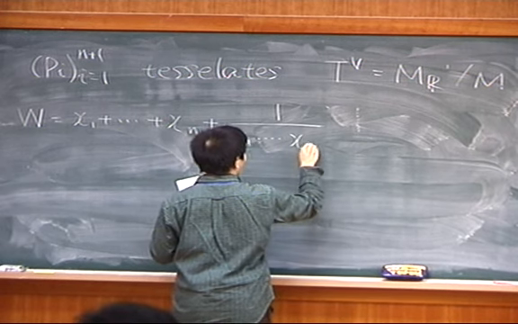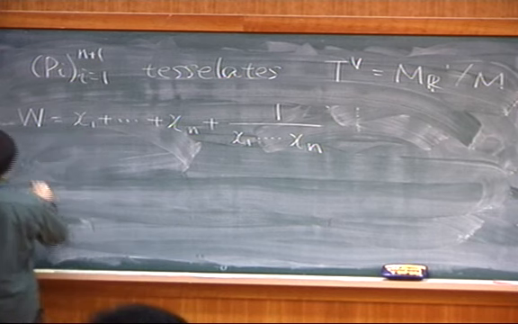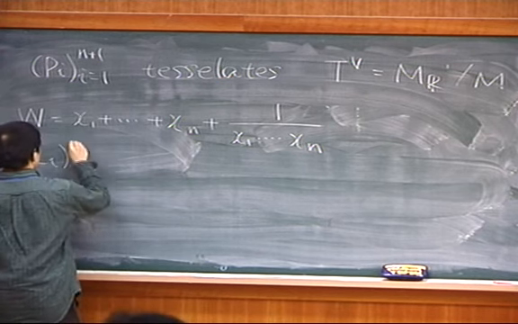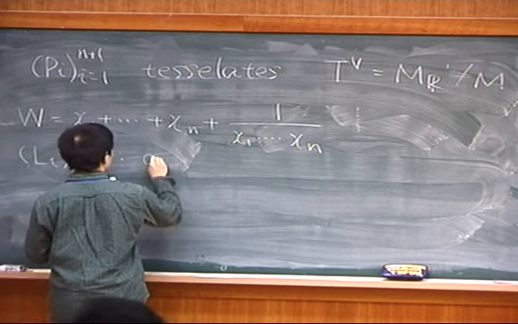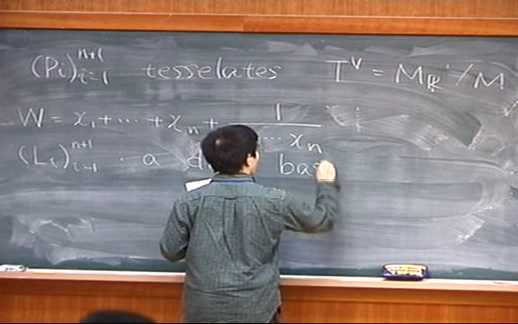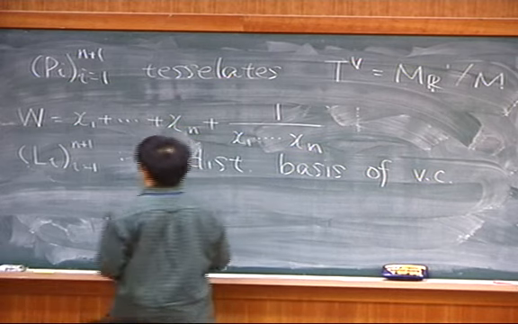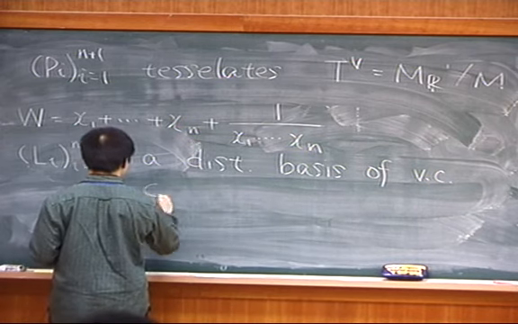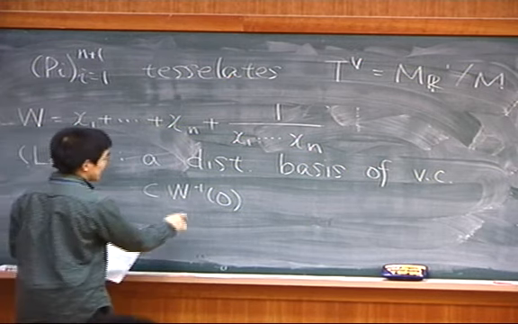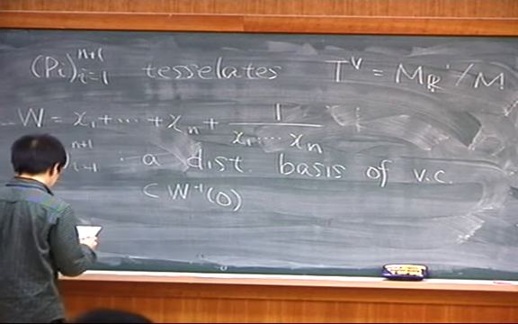Then we choose a distinguished basis of vanishing cycles L_i. These are inside the fiber over the origin and come from the straight lines to the critical values.